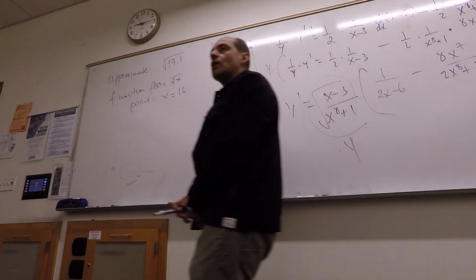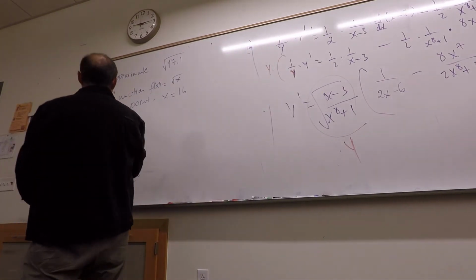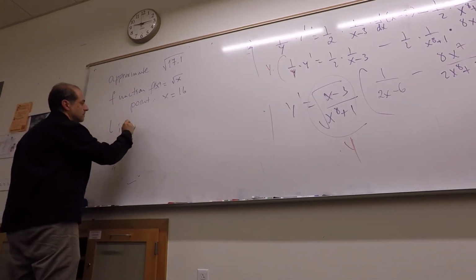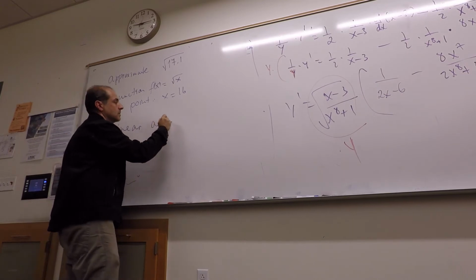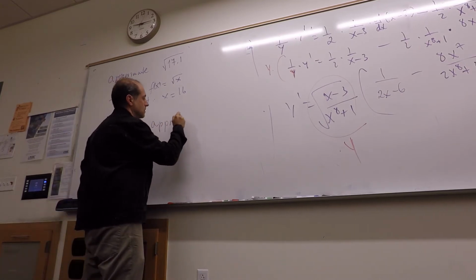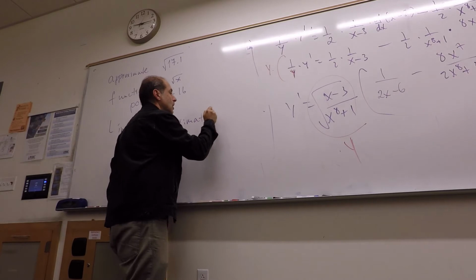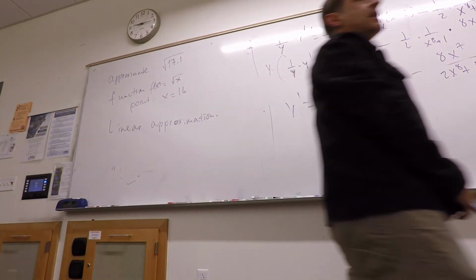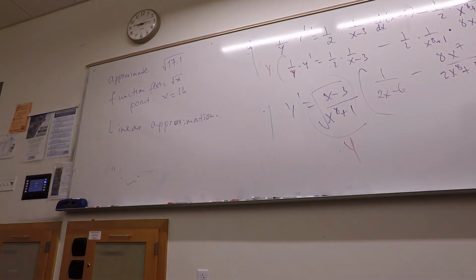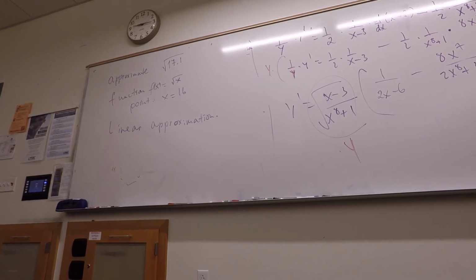Okay, so to do the linear approximation, it's the same as the equation of the tangent line. Now, I don't know if you want me to write it as a formula, or you want to remember it as an equation of a tangent line. I can do both if you want.